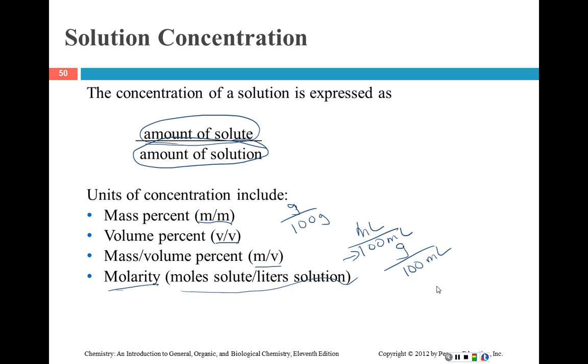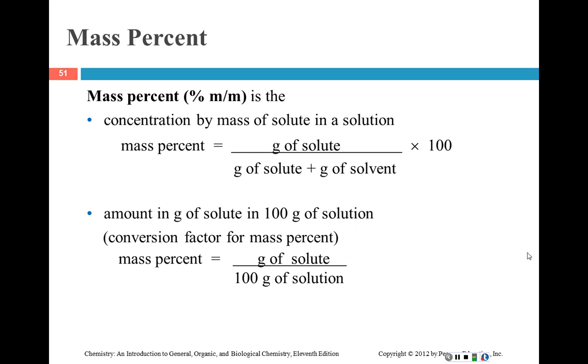Molarity is going to be moles per liter, same thing as moles per 1,000 milliliters, right? So those are just different ways of expressing concentration and the units that we're going to use.